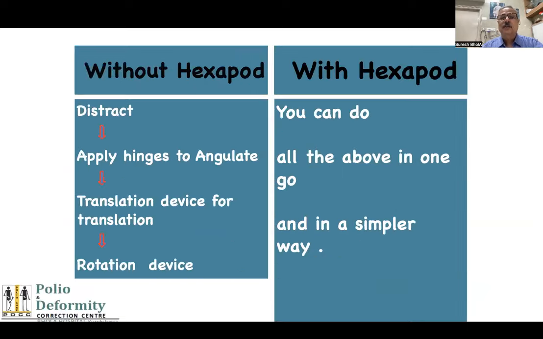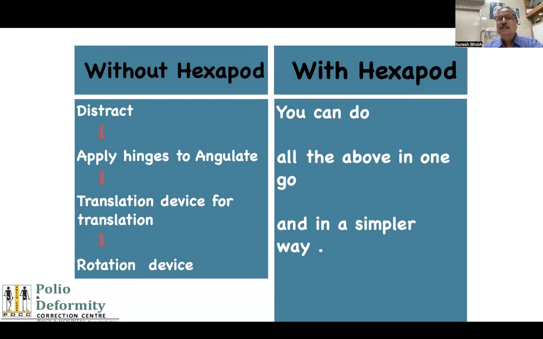All these things can be done with Ilizarov without hexapod as well. But they have to be divided in different sessions. You have to apply hinges for angulation correction, then translation devices for translation, then rotational devices for rotation, all one by one.